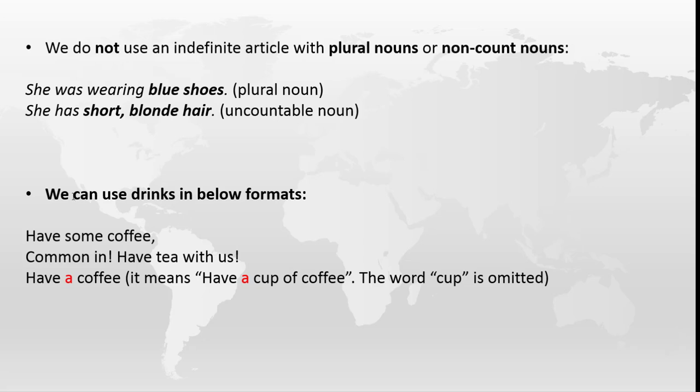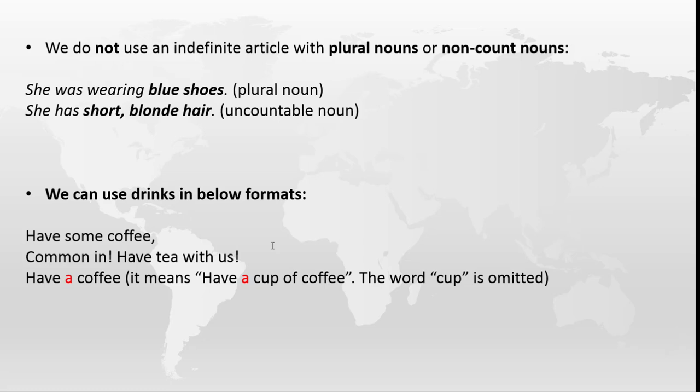Also, we can use drinks in the below formats. Have some coffee. You can say some coffee or a cup of coffee when you're referring to the container, a cup of coffee. Or come on in, have tea with us. Without anything, have tea with us. Or have a coffee.